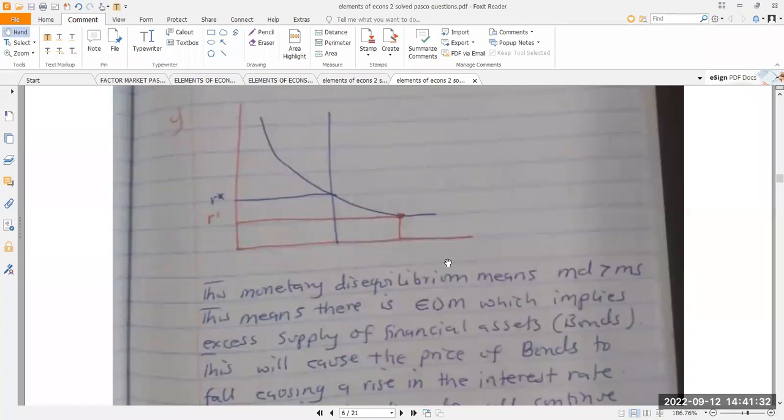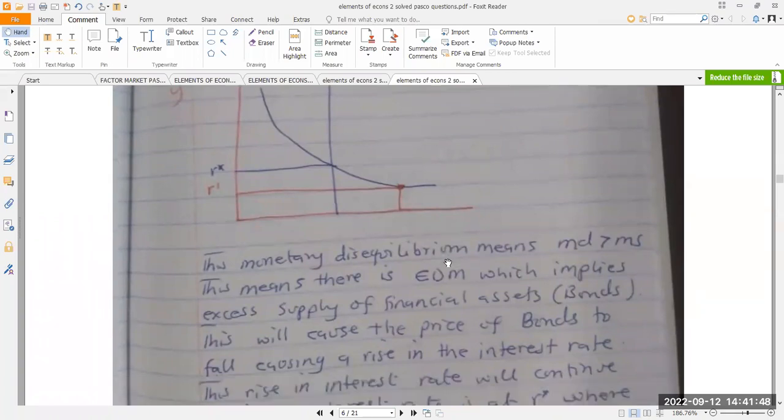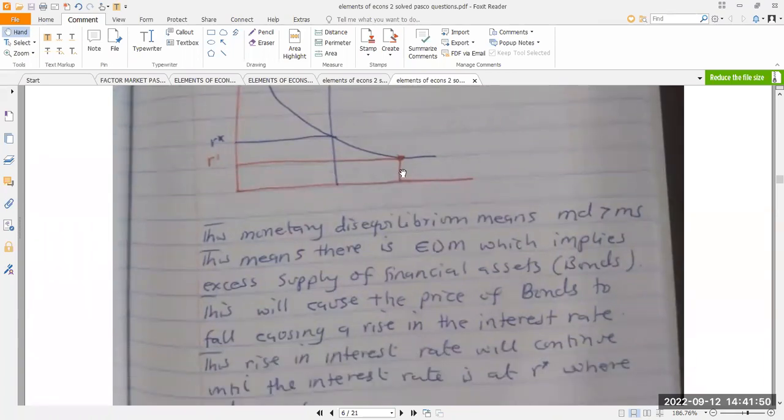Okay, so excess demand for money will lead to excess supply of bonds, which will lead to a fall in the price of what? Of bonds. And a fall in the price of bonds will mean that there's an increase in what? In interest rates. So whenever demand for money exceeds supply of money, we will go through the bonds market, the price of bonds will fall, and then interest rates will go up.